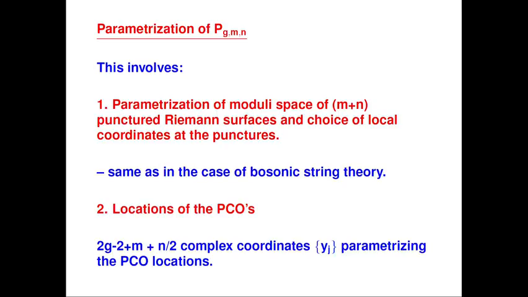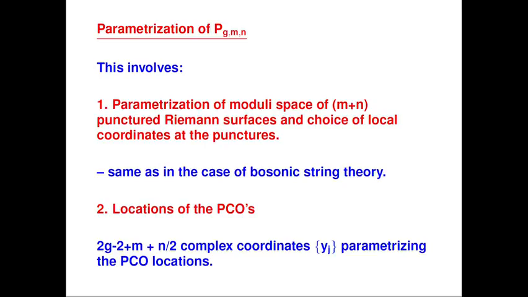The possible choices of local coordinates at the punctures parameterize the space P_g^{m,n}. Choosing specific local coordinates means you have chosen a section, so that is not what we are talking about here. So this part is exactly the same as in bosonic string theory, because after all you are parameterizing the same space, the moduli space of dimension 6g-6 with m+n punctures.